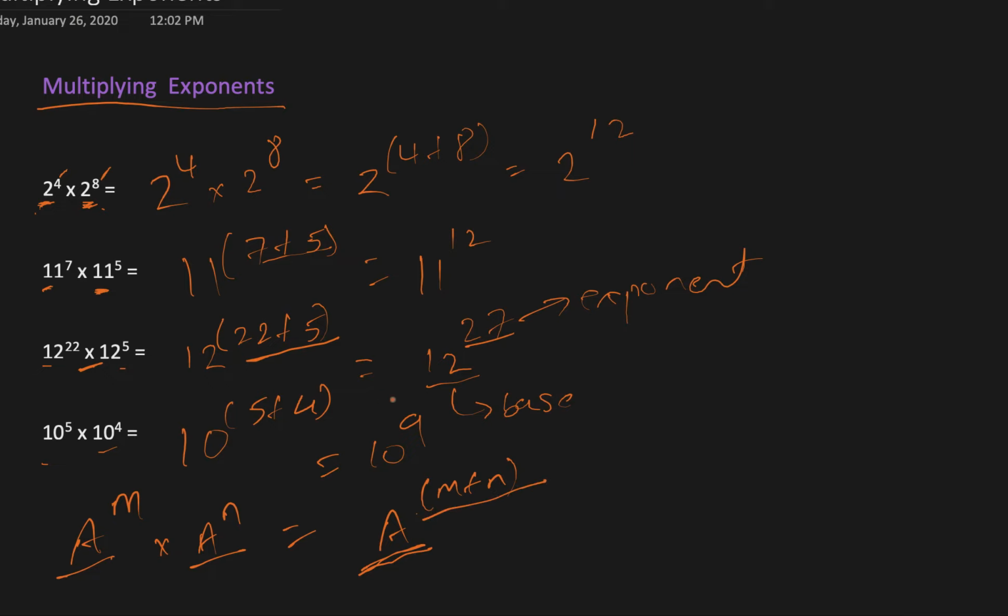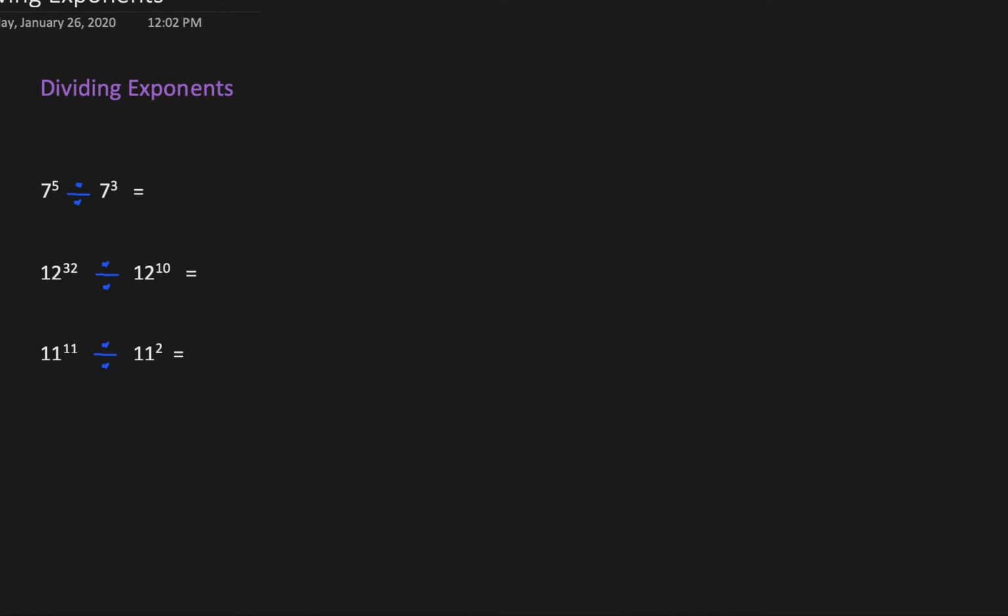Cool. Let's do some examples on dividing exponents. In terms of dividing, the common thing between multiplying and dividing exponents again is that the base needs to be the same. Otherwise we cannot do division or multiplication if the bases are different.